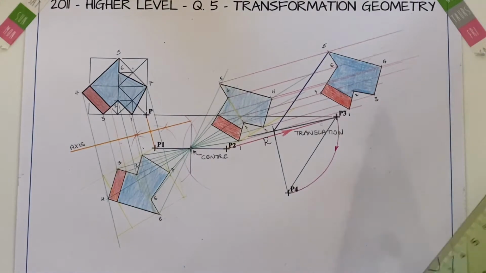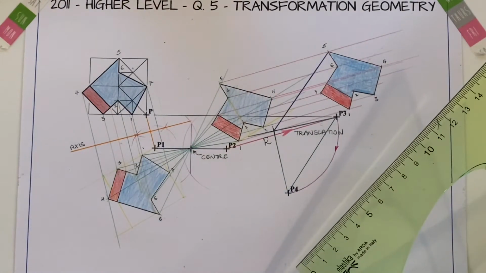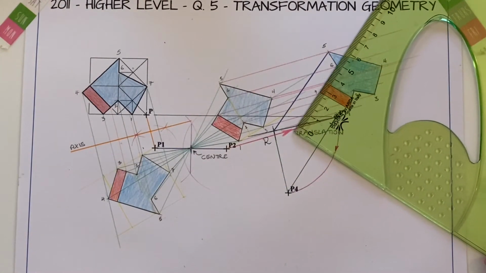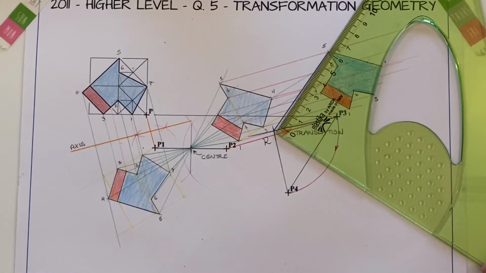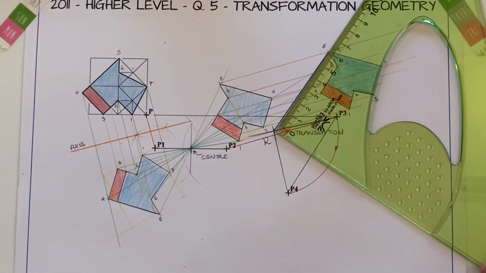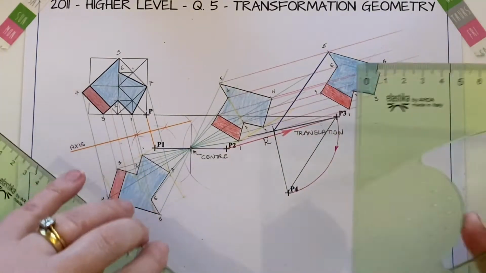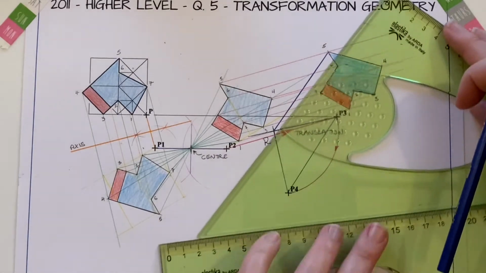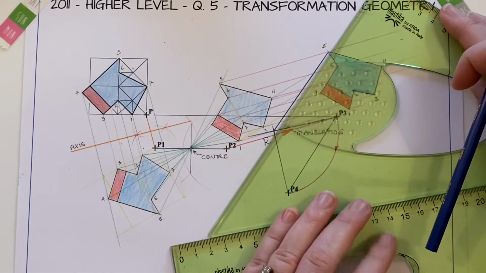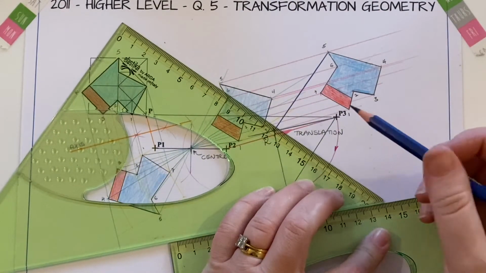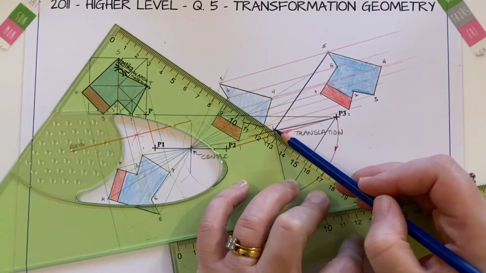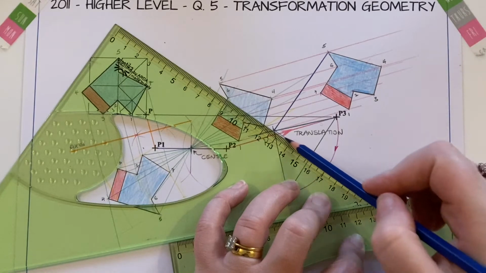That's important. Now what's going to happen is I'm going to measure a 90-degree angle from that line from R to 5. Okay, because they told us to rotate each point through 90 degrees. So 90-degree angle, slide and set squares needs to go in again. So it's 90 degrees to the line R5. So there is my 90-degree line.